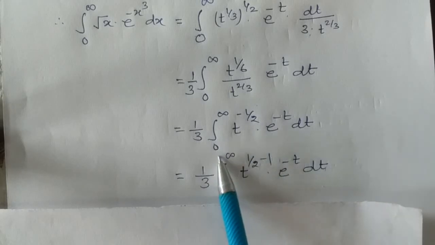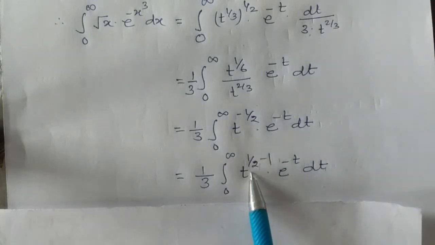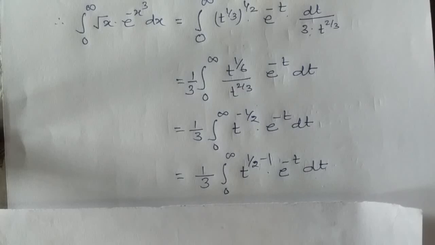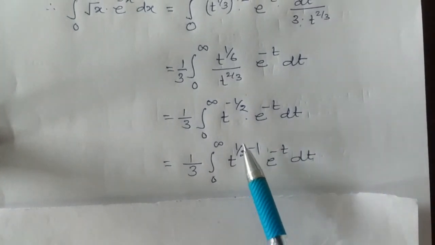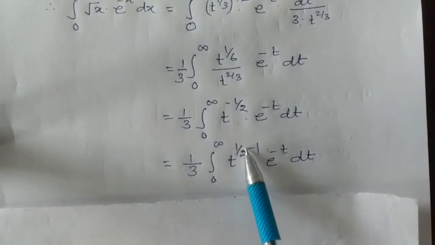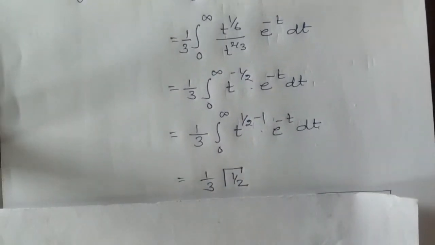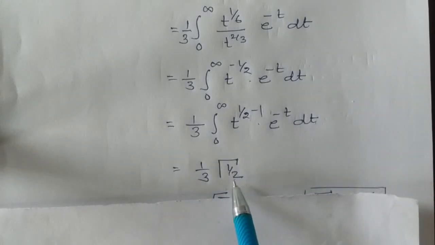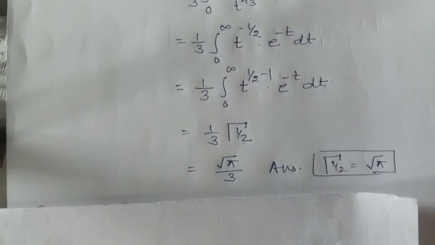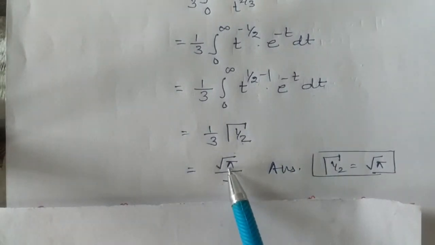Comparing with the standard definition of the gamma function, the value of this integral is gamma half, and therefore we have 1 by 3 into gamma half, and gamma half is root pi. So finally the value of the given integral is root pi by 3 using the gamma function.